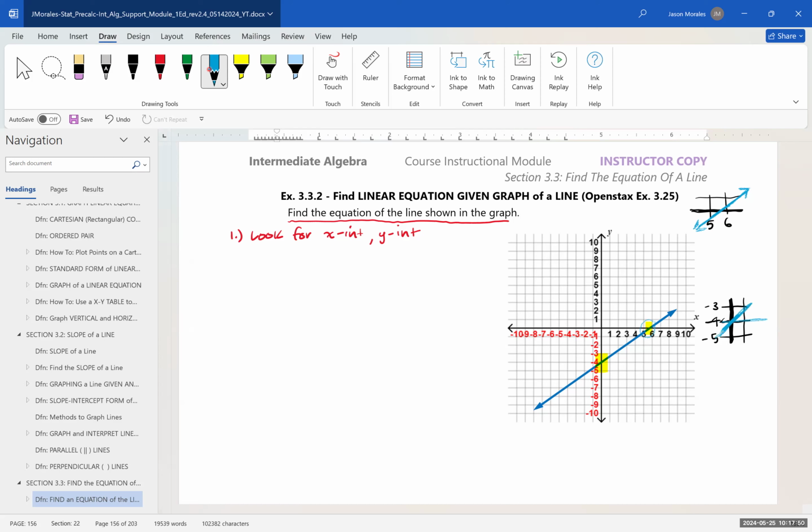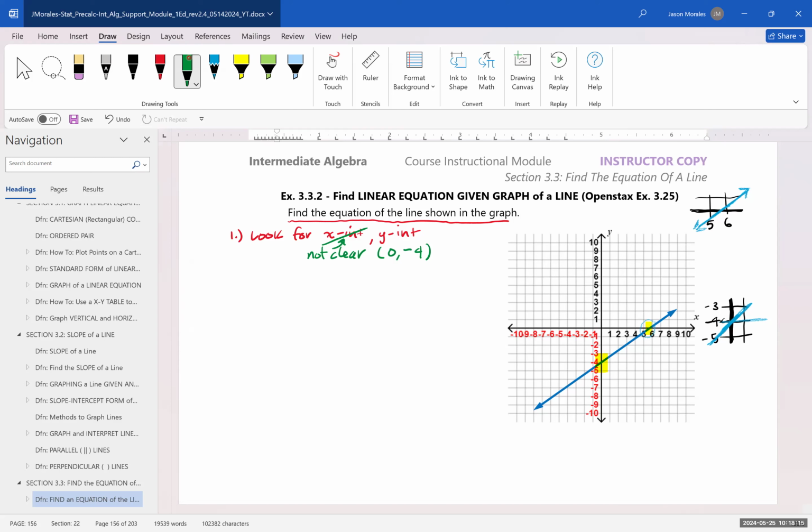So our line is going right through that point. So that's very clear. That's a point we're going to use. We can use the y-intercept, which is going to be (0, -4), but we can't use the x-intercept because it's not clear exactly what that is.